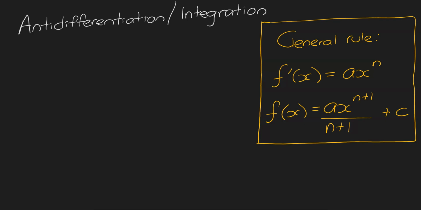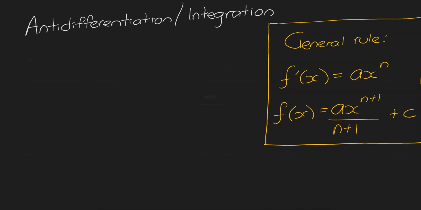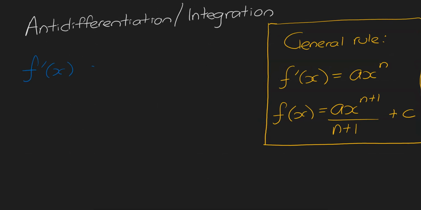So let's look at anti-differentiating something. Let's say we had a function, f dash of x is equal to 3x squared. A general function, 3x squared, and we're going to anti-differentiate this. So we use this little symbol, the little elongated s, which is called the integral.